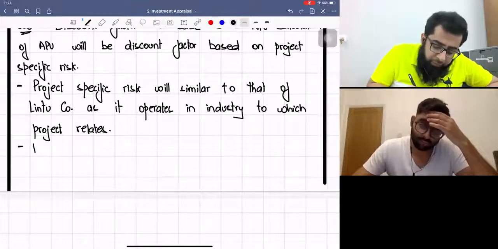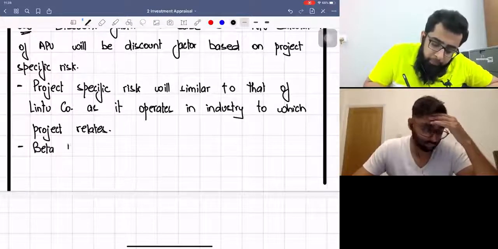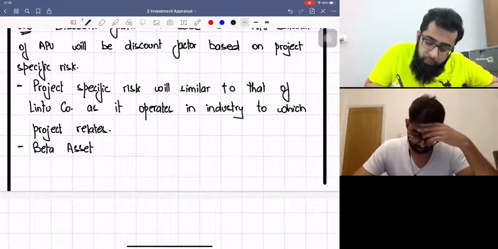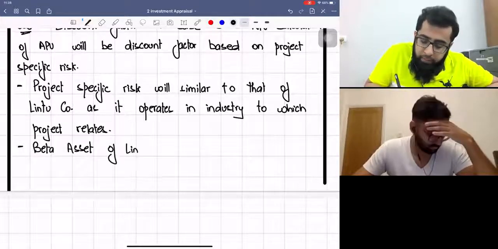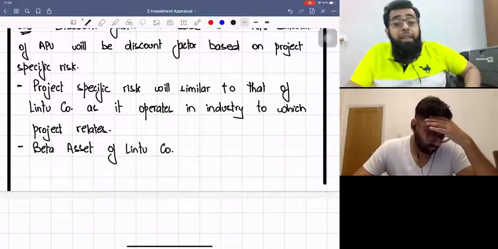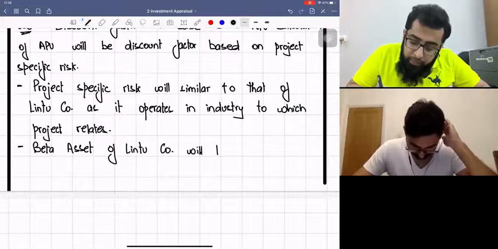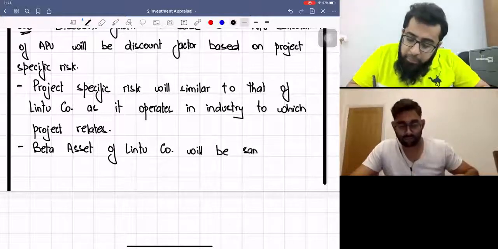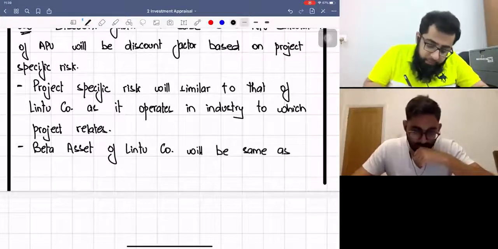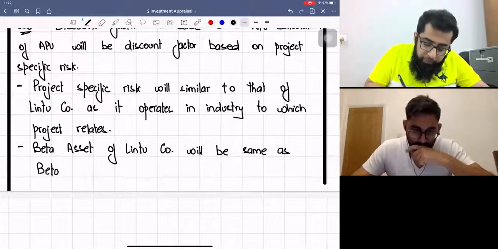Beta asset of Link2 company will be the same as the beta asset of the project.